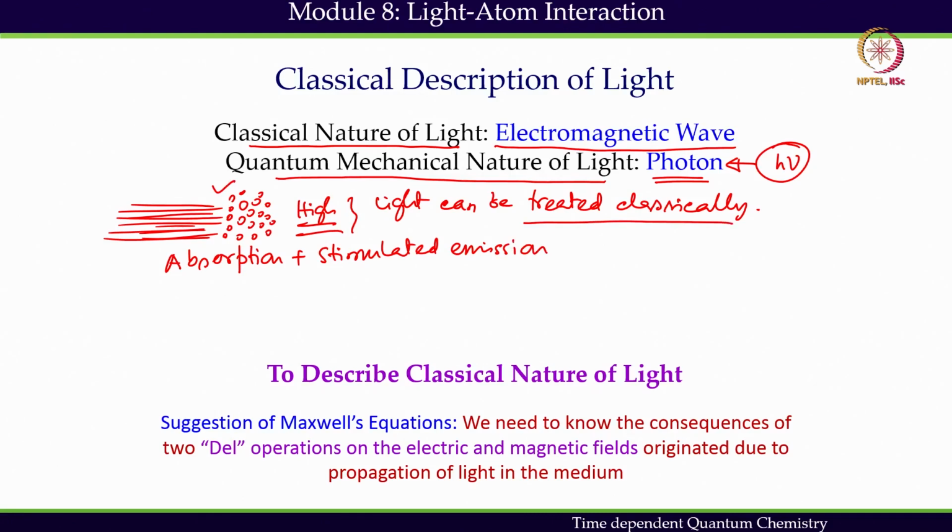But in spontaneous emission, only one photon can be emitted, and as a result the photon density remains very low.